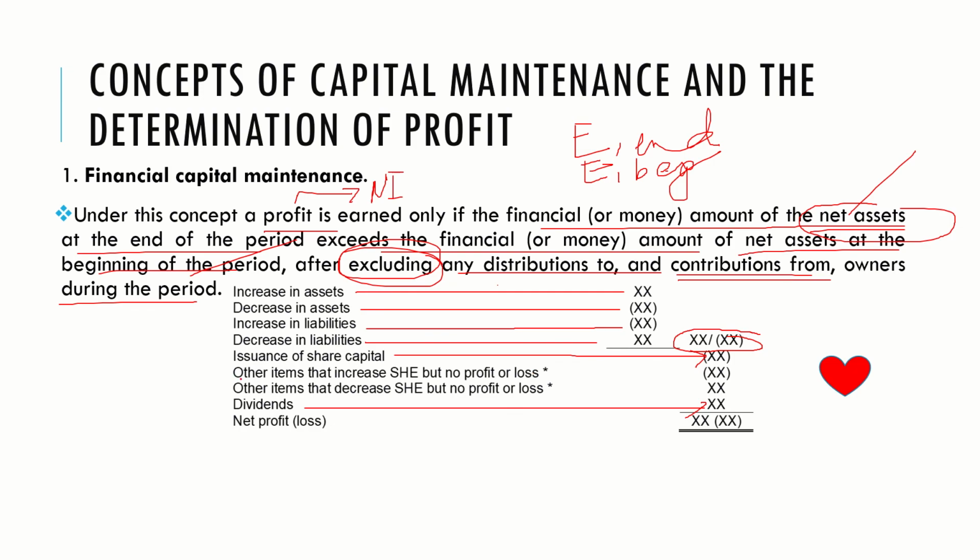And please take note of these other items, even though it's not provided in the definition. These are other items on the increase and decrease in our shareholders' equity, but no profit or loss is being recognized here. Okay? Ano-ano po ba yon?